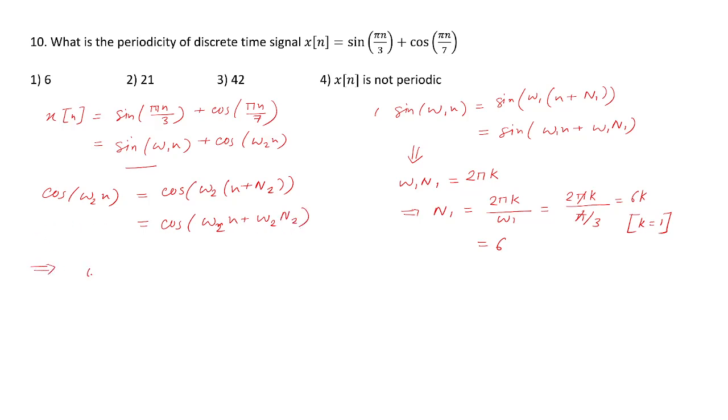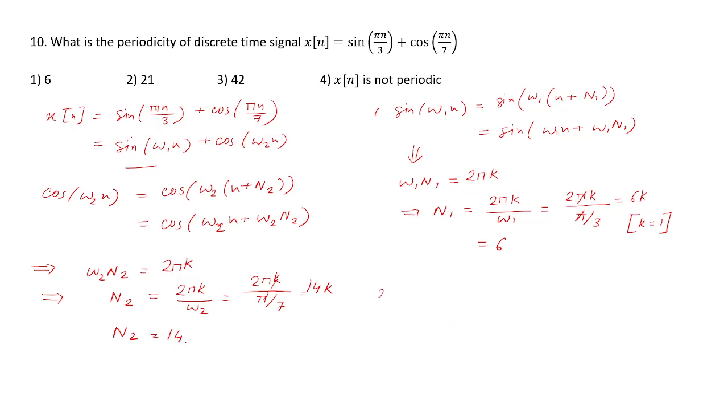This implies omega 2 N2 should be an integer multiple of 2 pi. That implies N2 is equal to 2 pi k over omega 2. We put the value of omega 2, which is pi by 7, and we get 14k. We take the minimum value of k, that is k equal to 1, to find the fundamental period. So N2 is equal to 14.